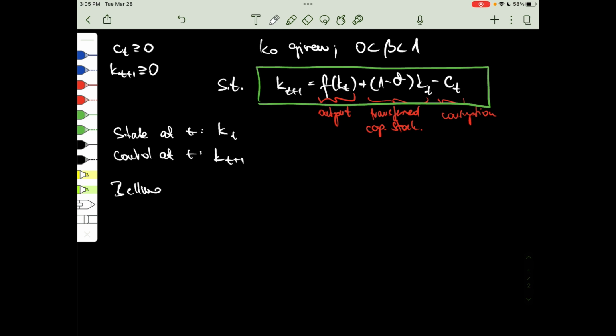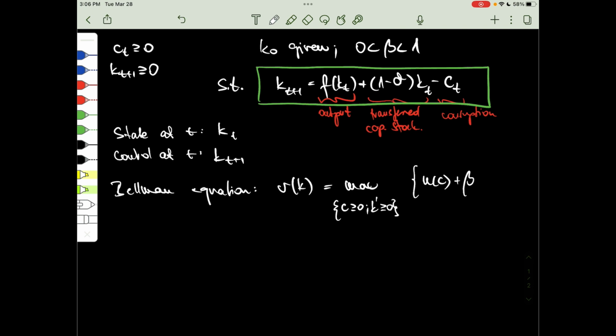Let's write the Bellman equation of the problem. It's going to look like this. This is the max operator. We have two sequences, one sequence for consumption and one sequence for investment. Utility in the current period and the value function, the same value function as we are on an infinite horizon.